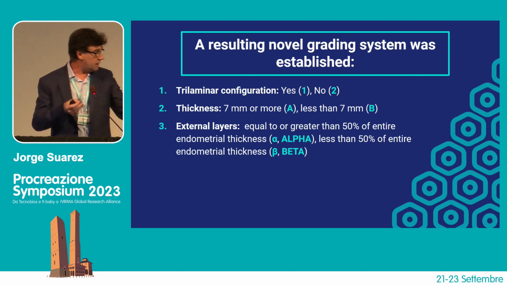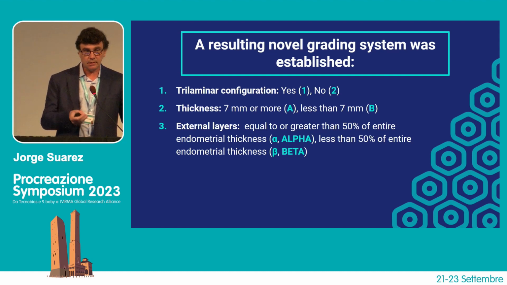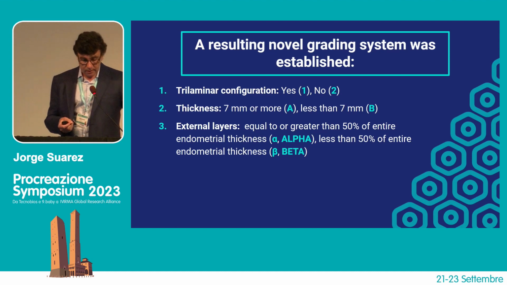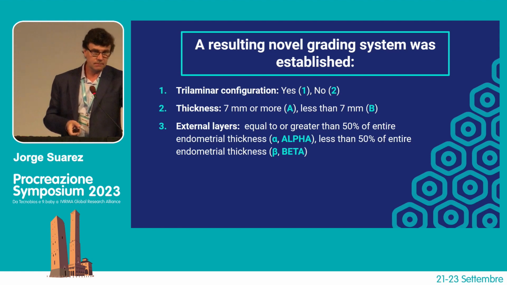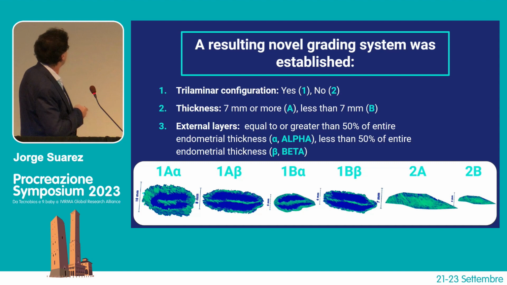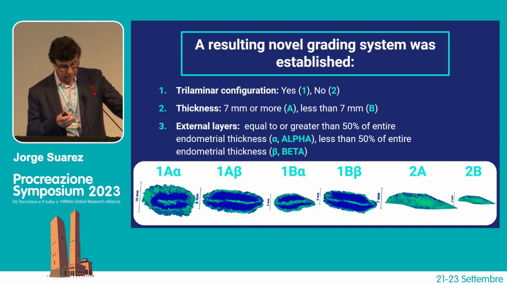And related to the external layer, that is our novel parameter that we are introducing in this presentation, if it satisfies the condition of the proportion of external layer being greater than 50% of the thickness of the total endometrium, it is alpha or beta. Yes? So, in the example, we can see the different situations and all the categories impacted in each of the examples.